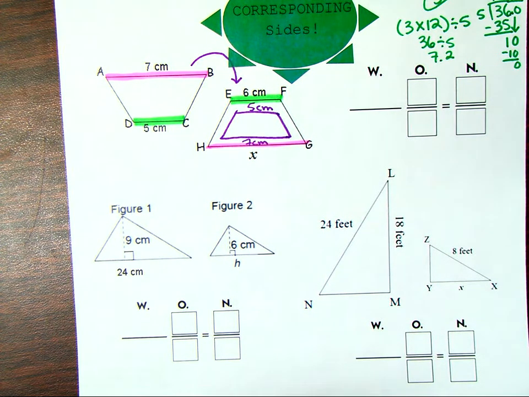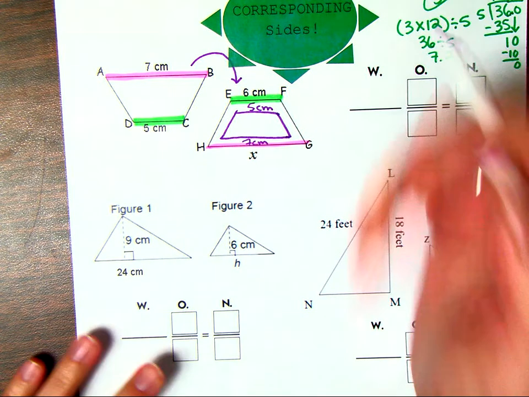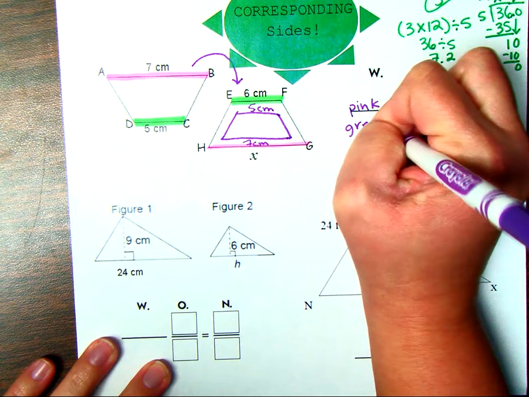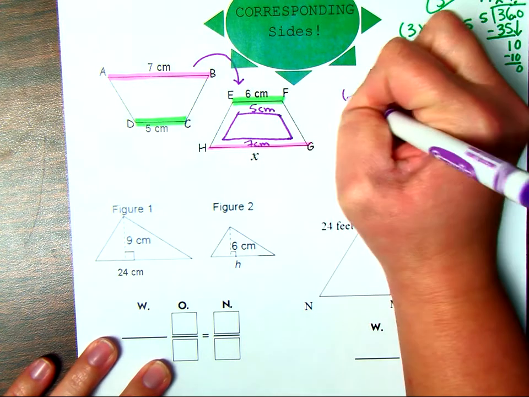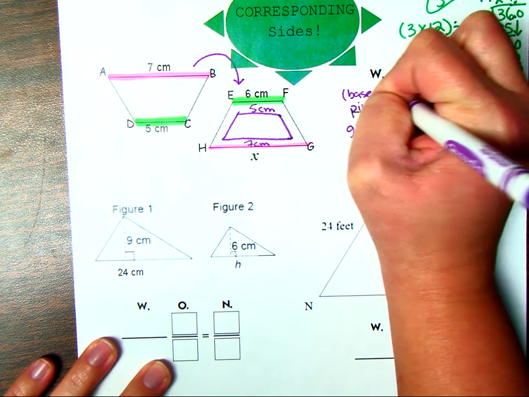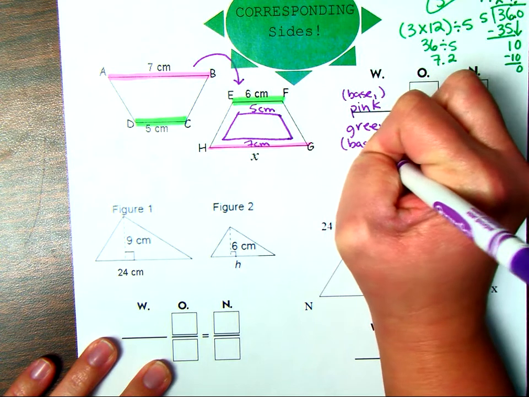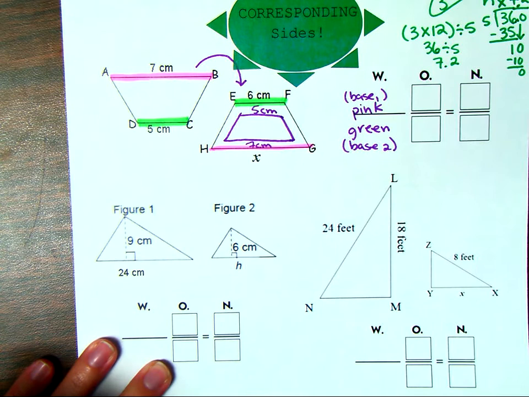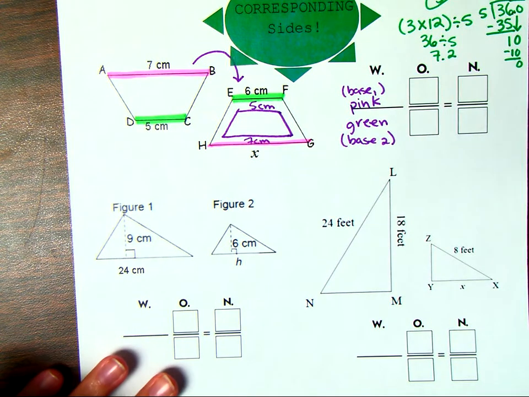So you could label it pink to green or whatever colors you used, or we could actually even say base 1 compared to base 2. Remember, in trapezoids, the two parallel lines are the bases, and it doesn't really matter which one you label as base 1 or base 2. So we'll talk more about trapezoids later on.